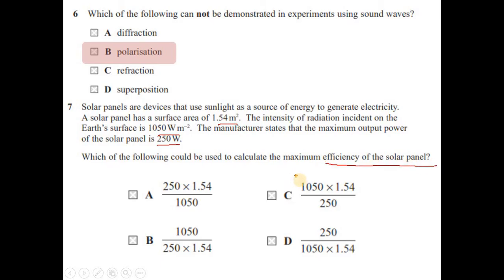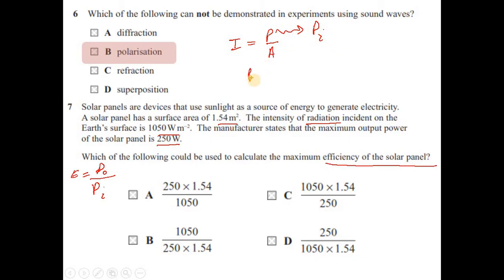The general concept of efficiency is output upon input. So efficiency E is equal to output power divided by input power. You know that it's all about flux radiation falling upon an area, and flux radiation I is equal to power upon area, and remember this power is basically input power.